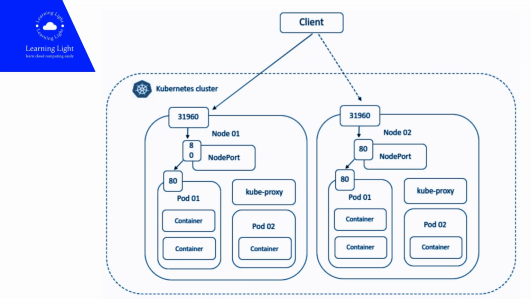NodePort is a more specialized service type compared to ClusterIP, and when we want to expose the service to external traffic, such as accessing a web application from outside the cluster, we can use NodePort.